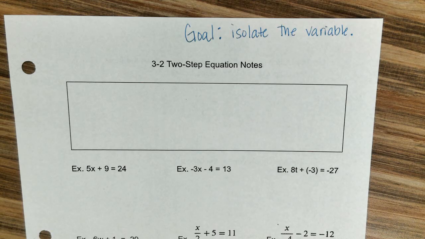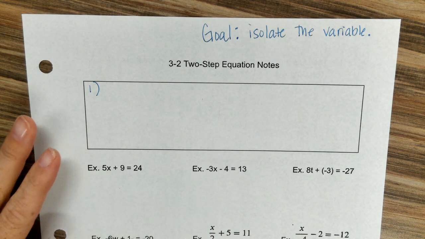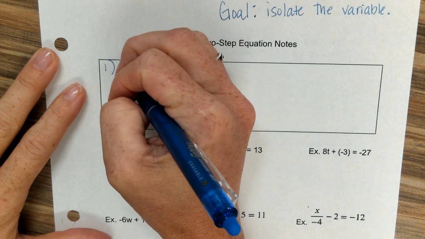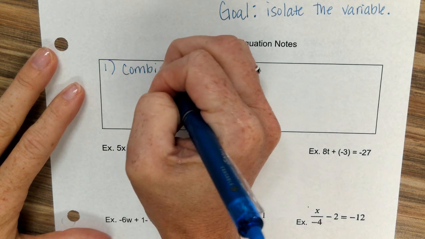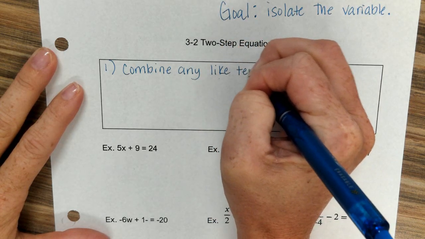Now to do that, we're going to follow some steps. And every day that we do these, we're going to add more steps and more steps as we get into actual algebra equations, because these are 7th grade equations. Okay, so today, the first thing you're going to do when you have your equation, you're going to look to see if you can combine any like terms.